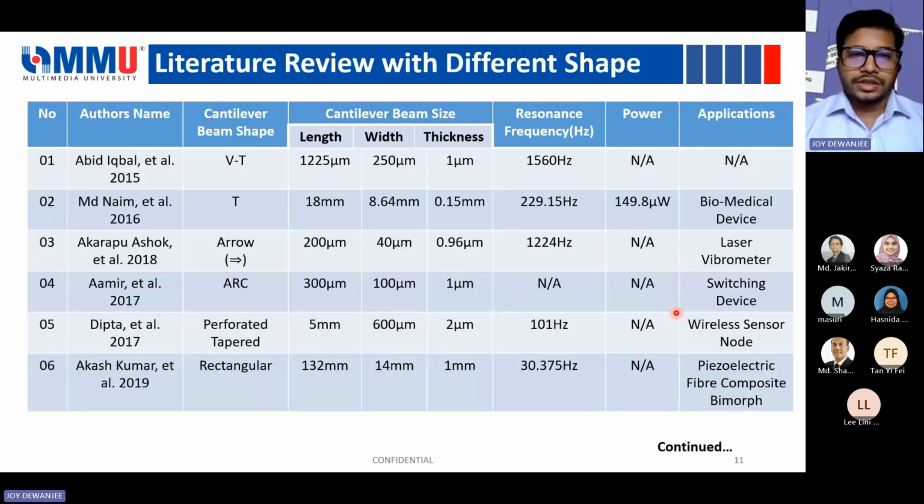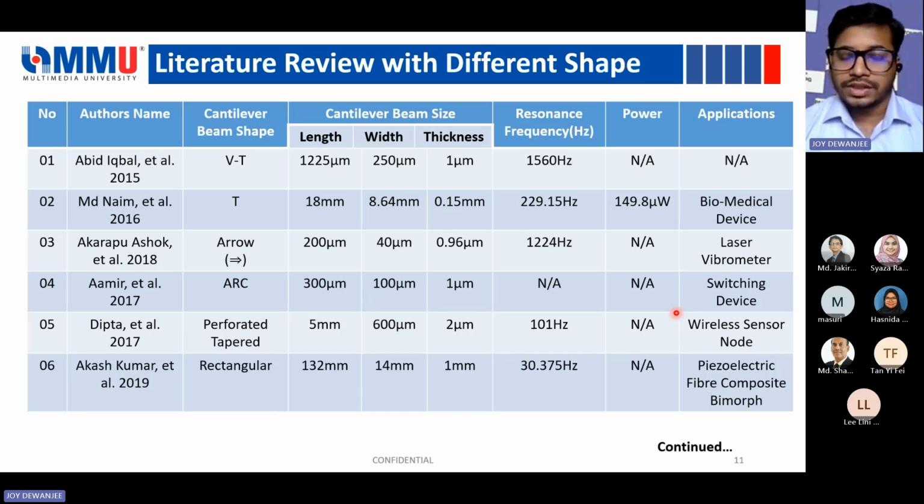Moving to the literature survey: in previous research, we studied many different types of cantilever beam shapes, which are defined by three parameters: length, width, and thickness. Our main goal is to find the resonance frequency and power.